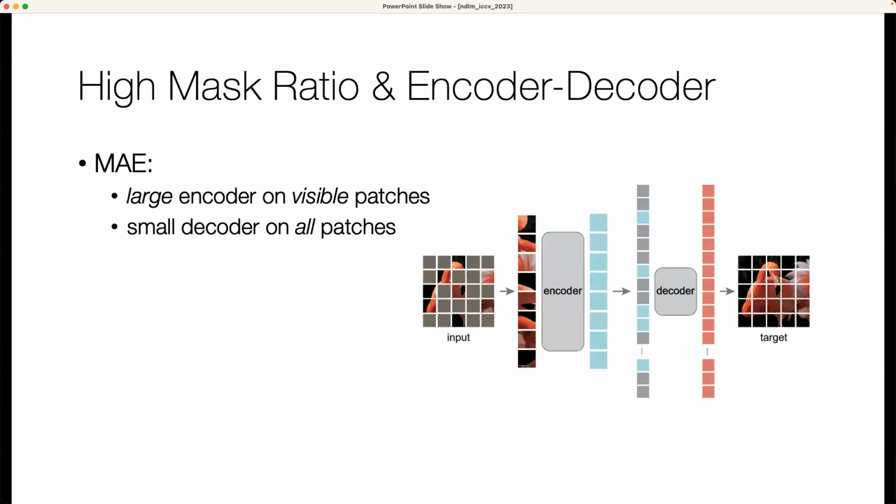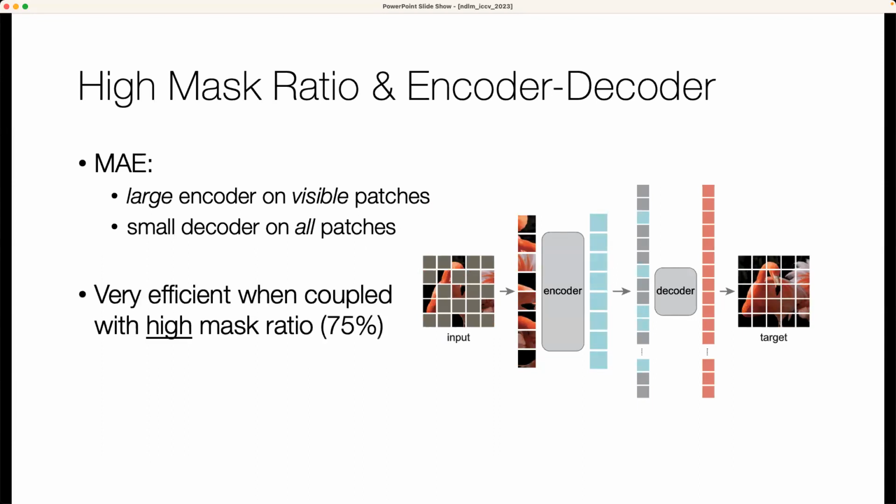So I want to highlight two things about this design, the high mask ratio and this encoder-decoder decomposition. For MAE, we will use a larger encoder on the visible patches, and then we will use a small decoder on all the patches. And this works very efficiently when coupled with the high mask ratio we apply to images.